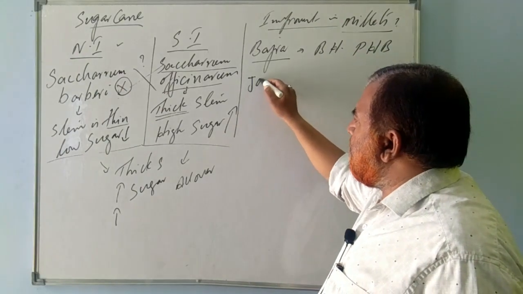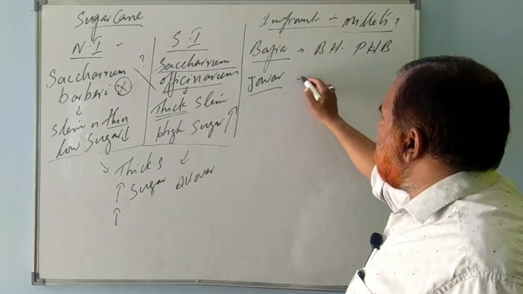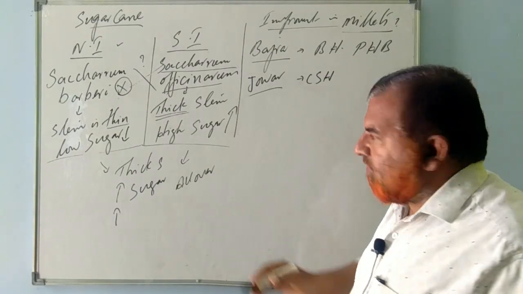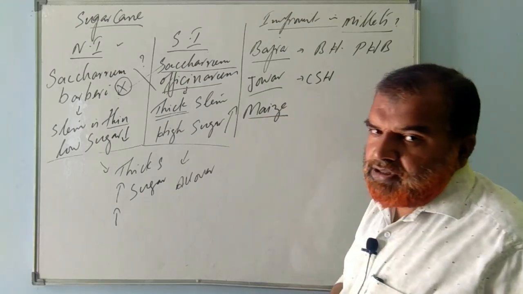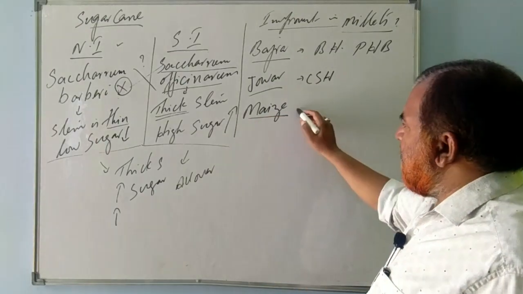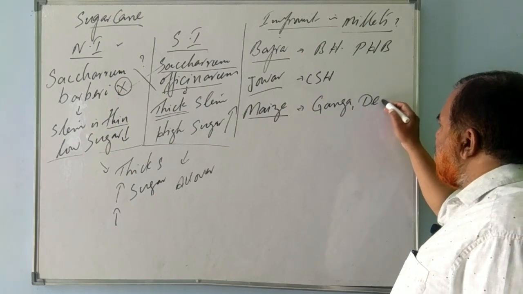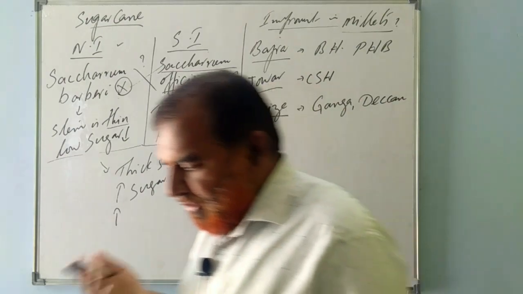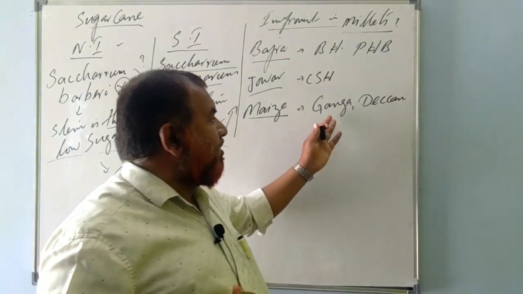Jowar, the CSH series of jowar. Then maize, you all know maize, corn. Ganga is one variety of maize. After that, Deccan. Ganga in North India, Deccan refers to the south. So these are the two hybrid varieties of maize.